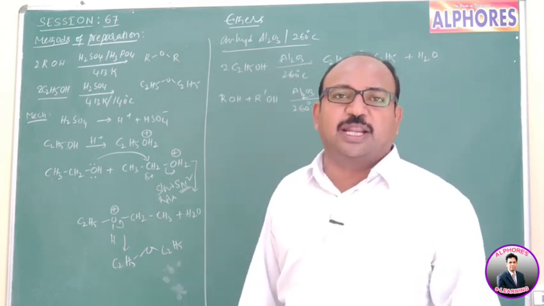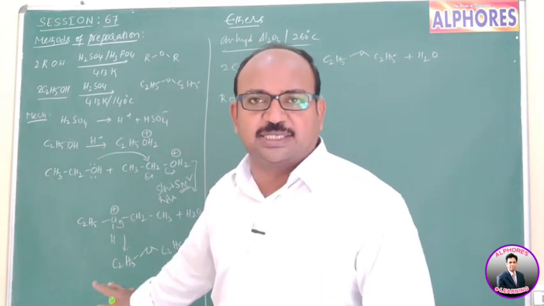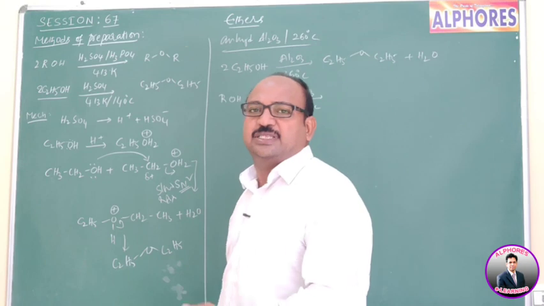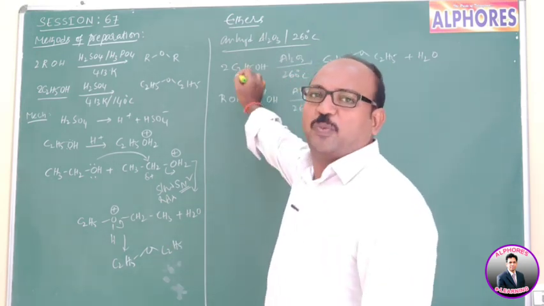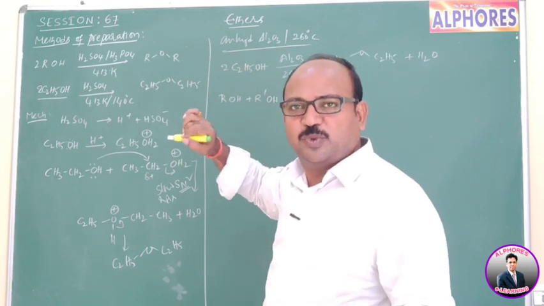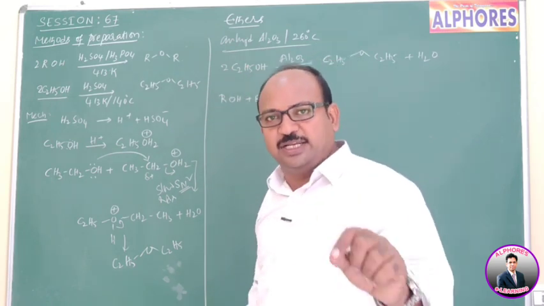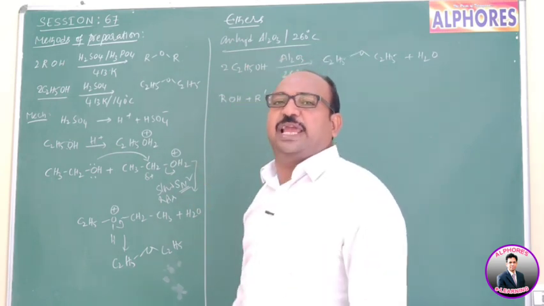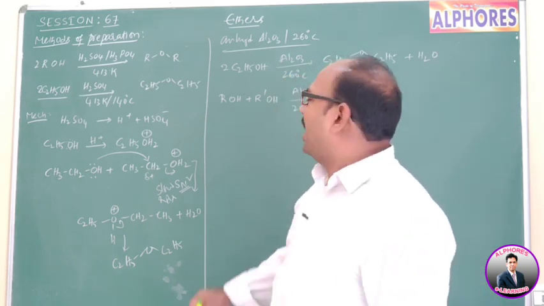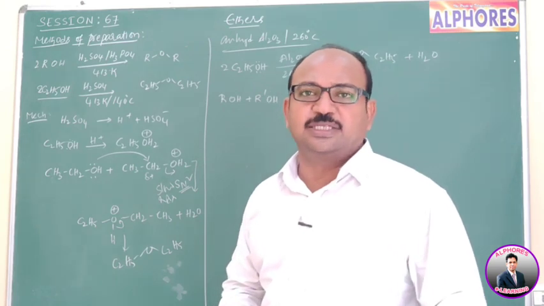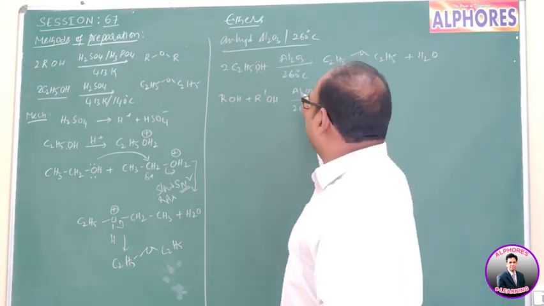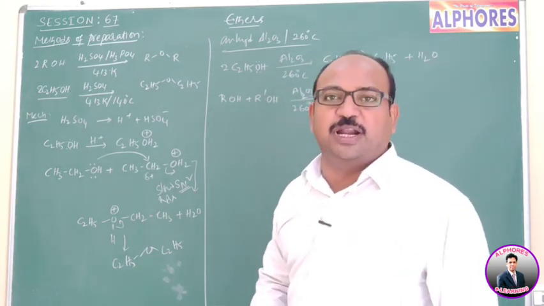Without formation of carbocation, that substitution we call SN2. Here SN2 proceeds in case of ethyl alcohol, right? Whether it is ethyl alcohol or isopropyl alcohol, SN1 is not possible here. Ultimately only SN2. Here anhydrous Al2O3 acts as a Lewis acid and forms a complex with the oxygen of ethyl alcohol. Same scenario.